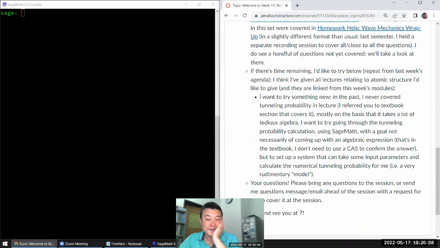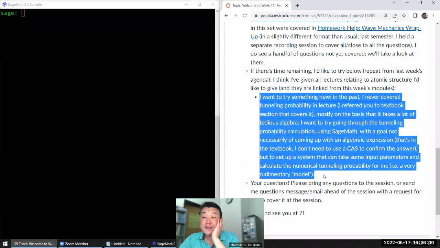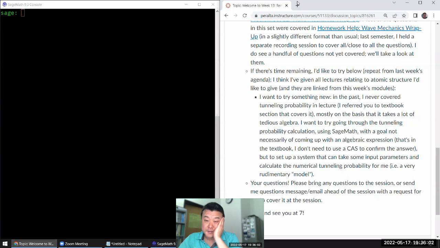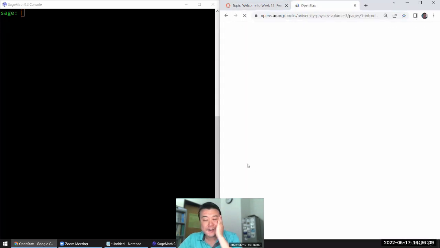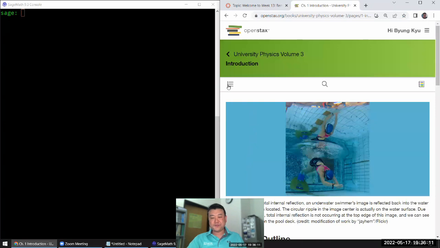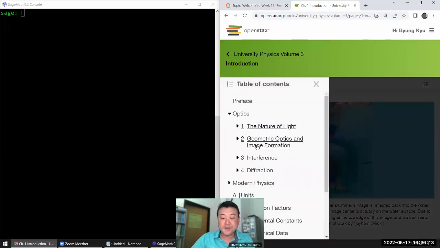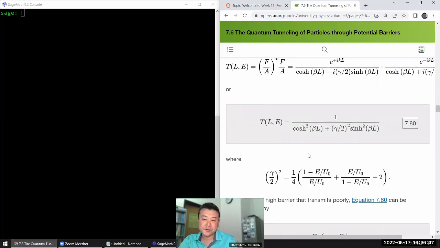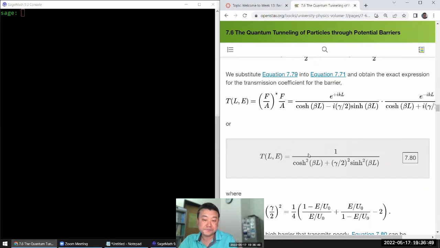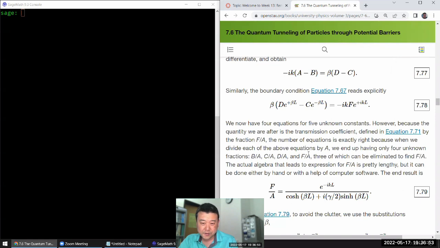That's what this is, dealing with the tunneling things. Now, your textbook does handle tunneling probability. So it's not like if I didn't cover it, you would miss out on it. It takes about 15 pages of stuff to get to this formula, and I think they actually skipped quite a few steps.